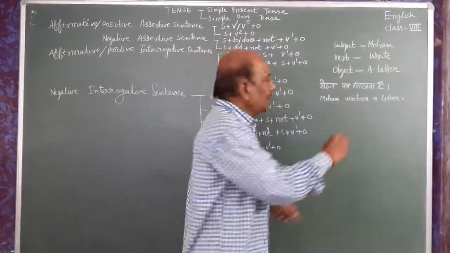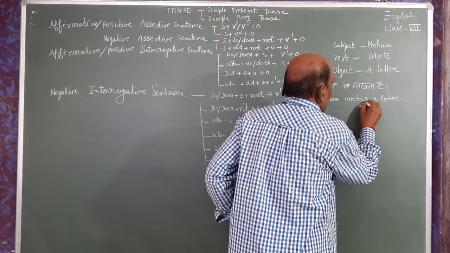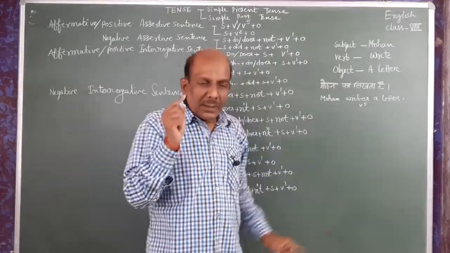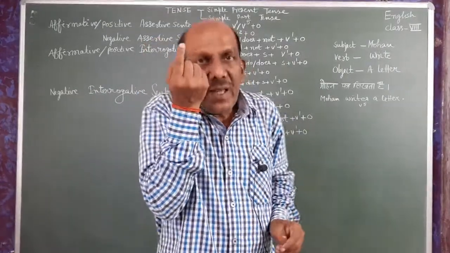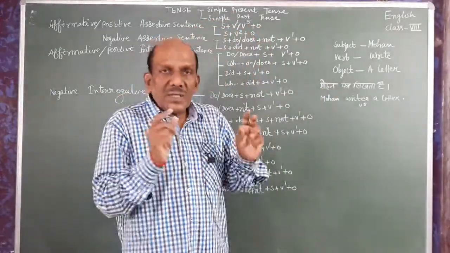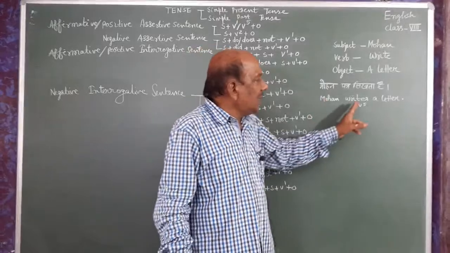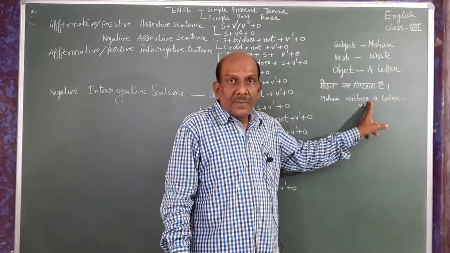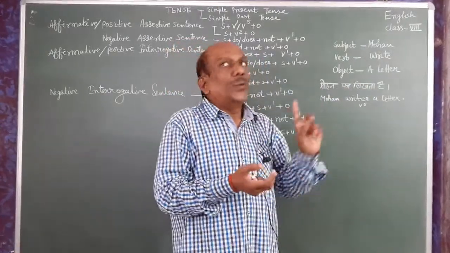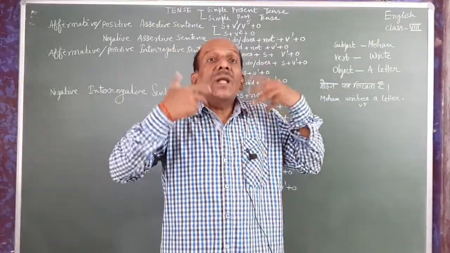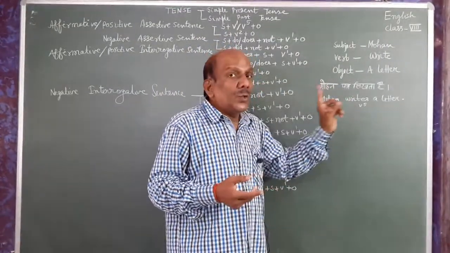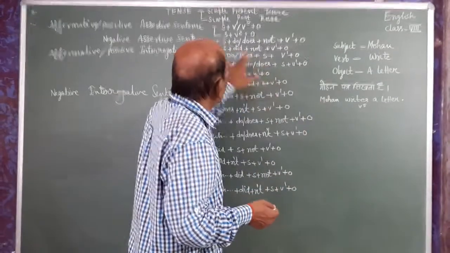Here we use V5 because it is third person singular number. Third person singular number means a single name, he, she and it. For a single name and he, she, it we use S ending, V5, whereas for I, you, we and more than one person as Mohan and Sohan, there we will use V1. Here Mohan writes a letter.